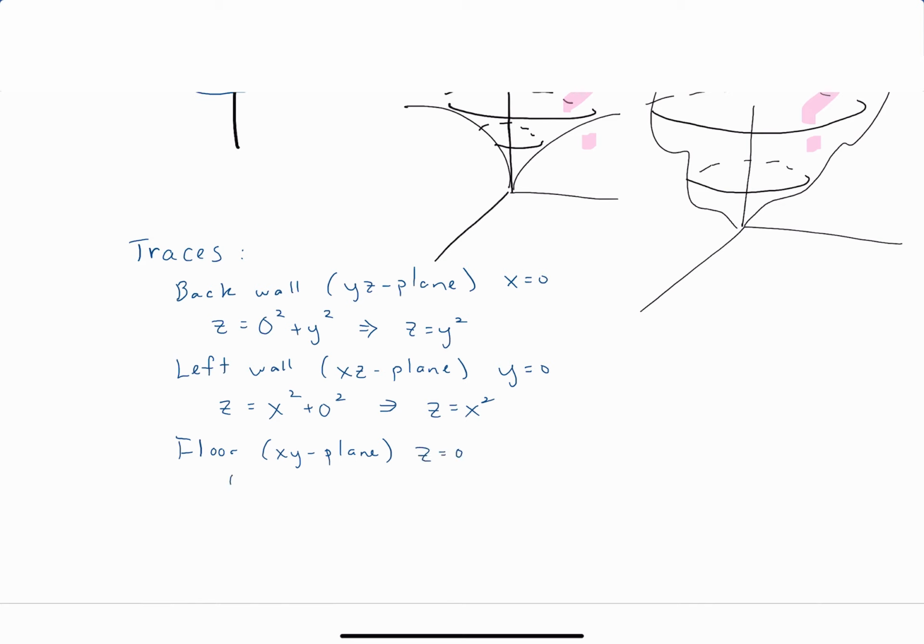And if I put a 0 in for Z, I get 0 equals X squared plus Y squared. We've already looked at that and determined that that means that X and Y are both 0. So we just have a point. So to recap, for the back wall, we're going to have a parabola. For the left wall, our surface is going to intersect it in a parabola. And then on the floor, our surface is going to intersect it at the single point 0, 0.